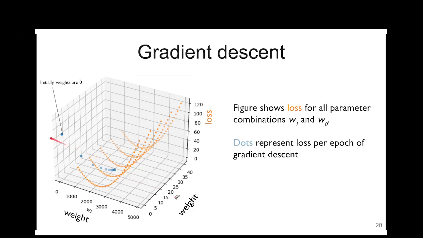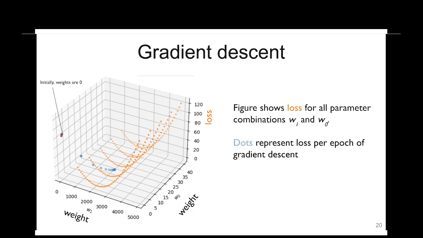And in blue, you see the errors that were accumulated by the W1, W0 configuration that the gradient descent has actually depicted. Yeah? So basically, the blue dots represent the loss per epoch for our gradient descent.